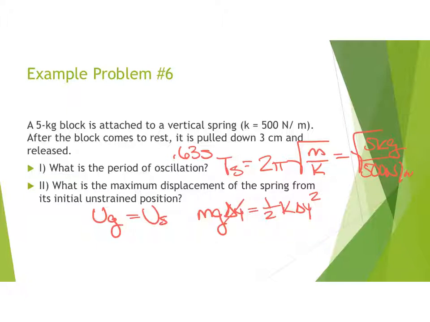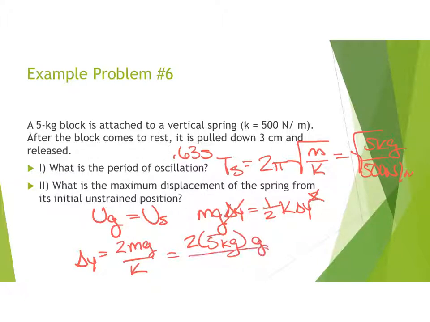I'm going to cross out one of my y's, and my change in y is equal to 2mg over k, which is 2 times my mass of 5 kilograms times g all over 500 newtons per meter. And this is 0.196 meters of maximum displacement.